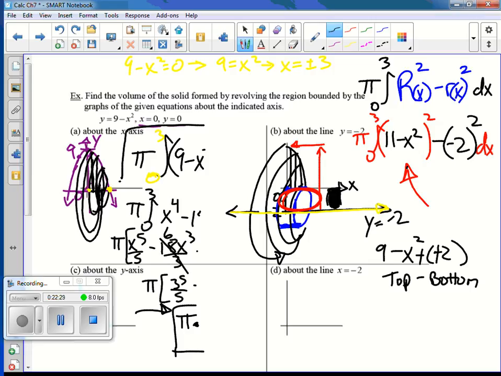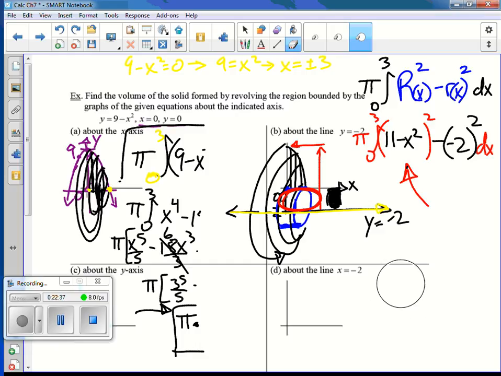Okay. And by the way, I know that this is probably the one part that's the most challenging. If it helps you, think of it this way. Because the axis of rotation got shifted downward, it added 2 units to the radius, right? So what did we need to do?